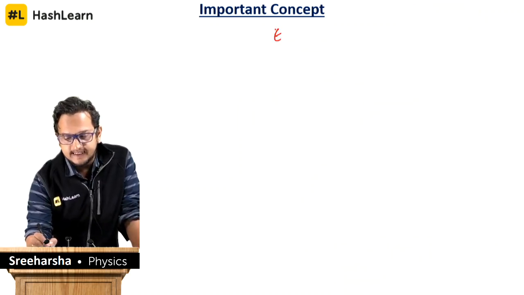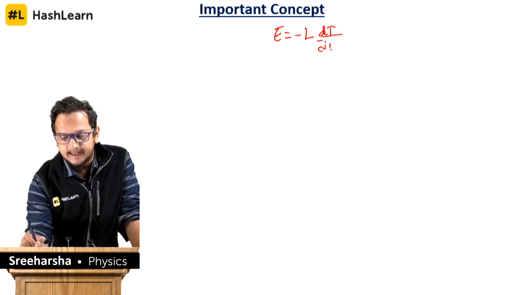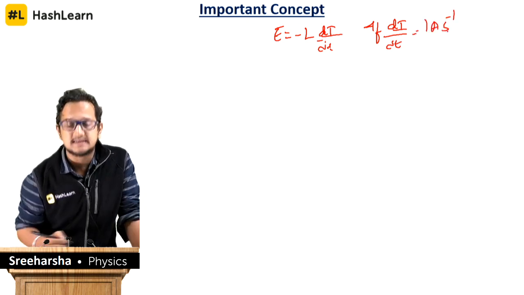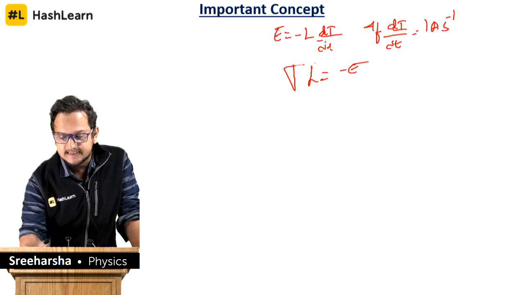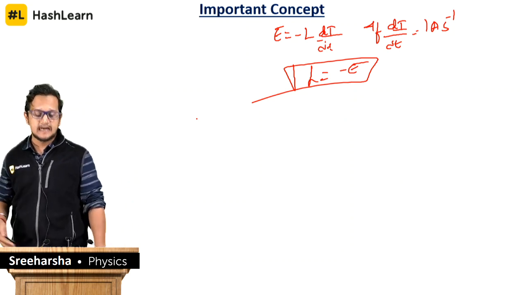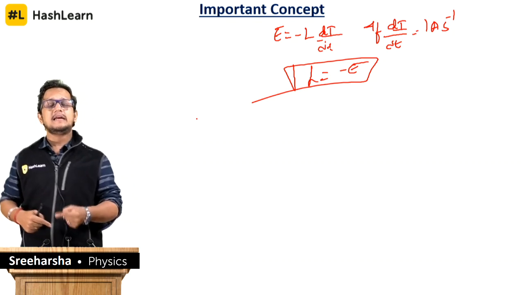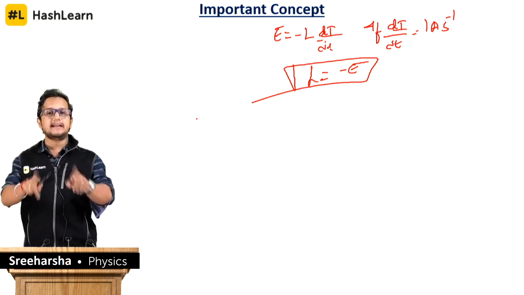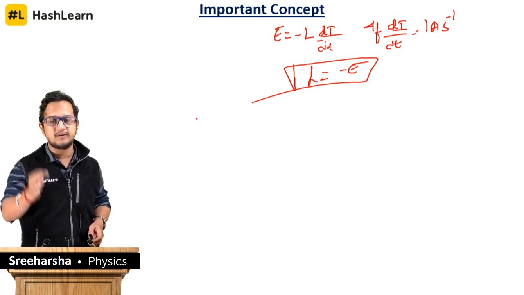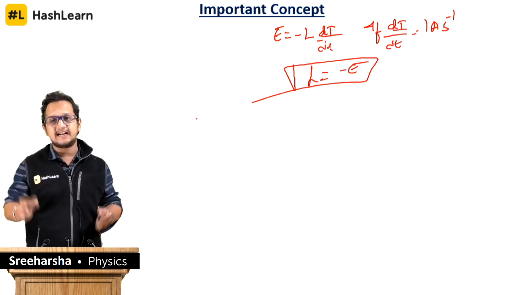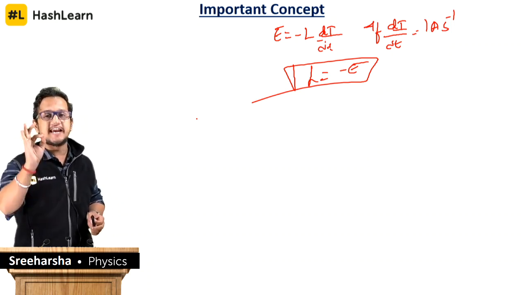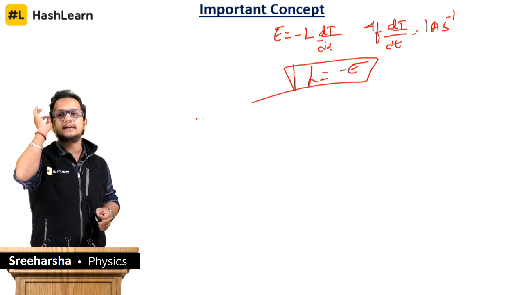From this we can define: if di by dt is equal to 1 ampere per second, then L is equal to minus E. The self-inductance is defined as the opposing EMF induced in the coil when the current in the same coil is changing at the rate of 1 ampere per second.